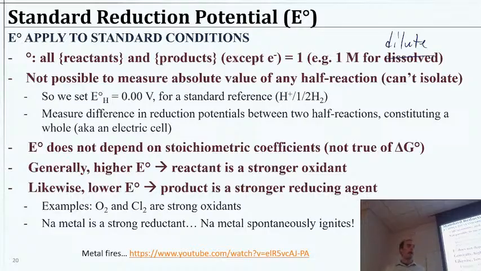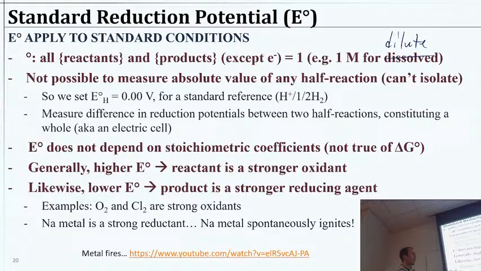So when we have a higher standard electrical potential, the reactant is usually a stronger oxidant, is the way we could look at that. And lower, it's usually a stronger reducing agent. So if we compare two molecules and look at their standard electrical potentials, we could see which one's a stronger oxidant or reductant just by those standard potentials.